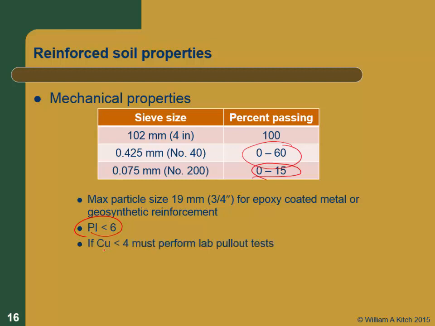If you have a coefficient of uniformity that's less than 4, so if you have a very uniform soil, then you definitely want to be doing laboratory pullout tests, because almost all of the specifications and the pullout tests that are done are for well-graded material. So if you've got poorly graded material, you want to be doing pullout tests.